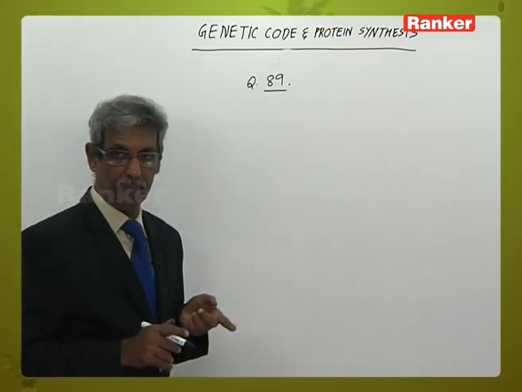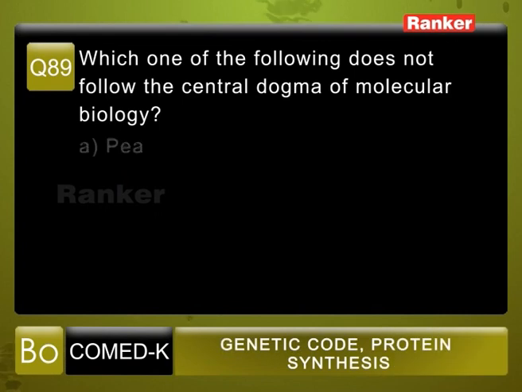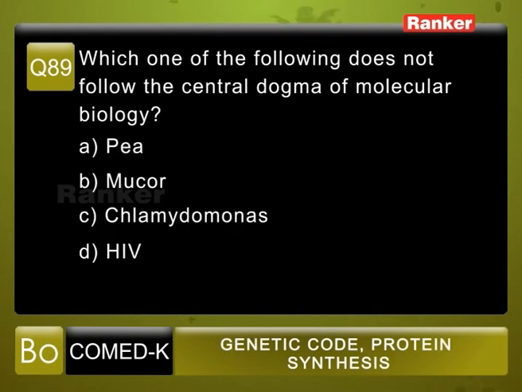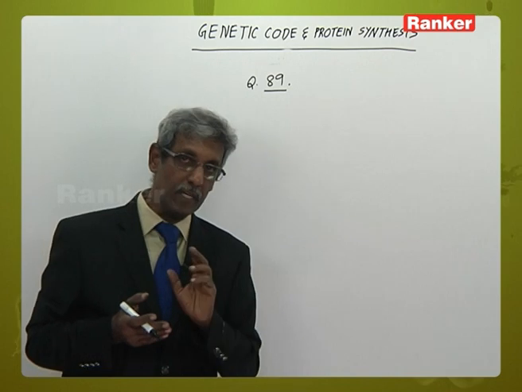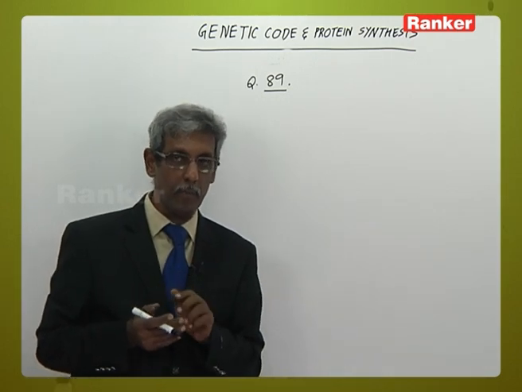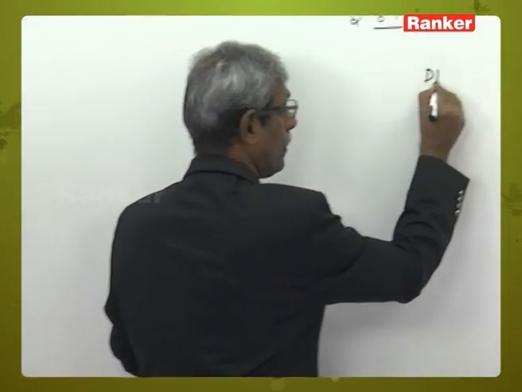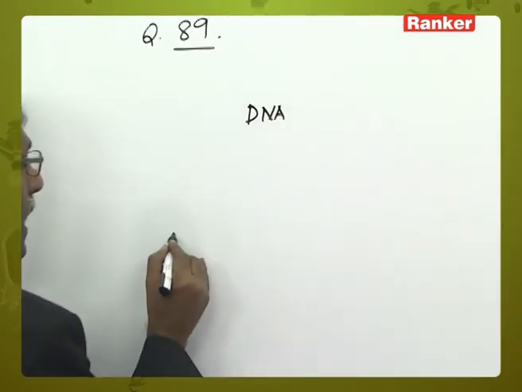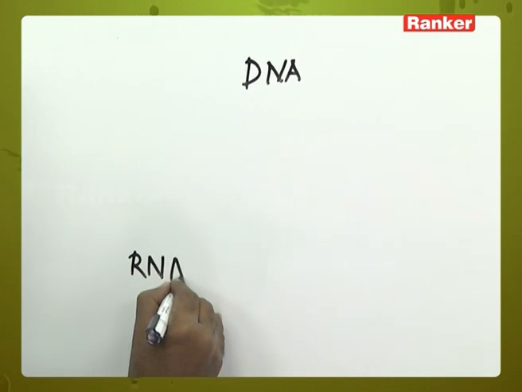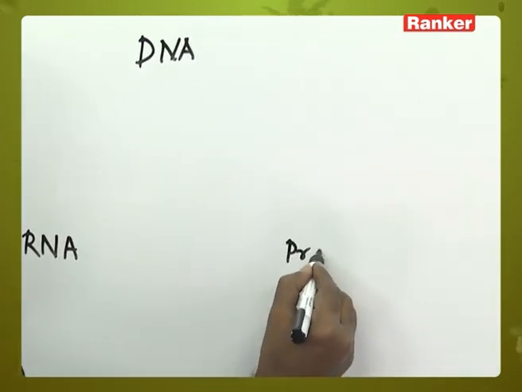Question number 89. Which of the following does not follow the central dogma of molecular biology? A. Pea, B. Mucor, C. Chlamydomonas, D. HIV. The central dogma of molecular biology always says that DNA makes RNA and RNA makes proteins.